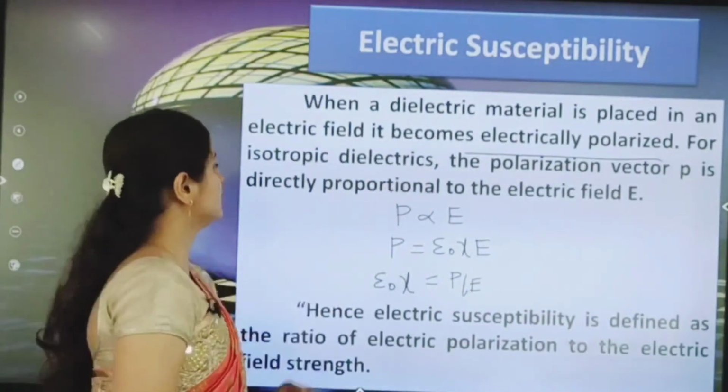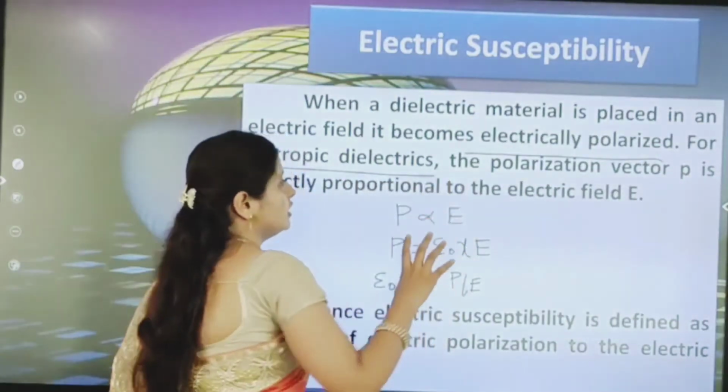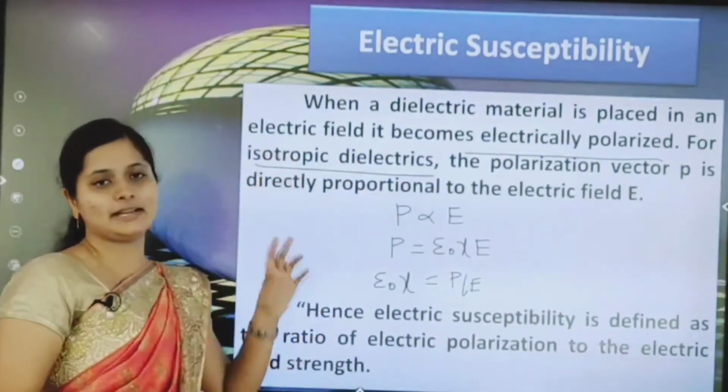Next here, for an isotropic dielectric, we are taking one isotropic dielectric material.